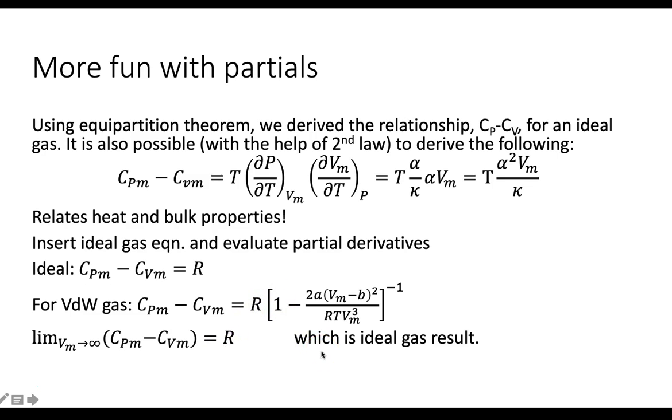The same thing happens if we go to really low pressures: this limit goes to R as well. So you can see where the van der Waals gas and ideal gas overlap. So these are some partial derivatives, some bulk properties, heat properties. In the next video, we're going to talk about processes under different conditions and how to manipulate the equations to get the information that you're after.